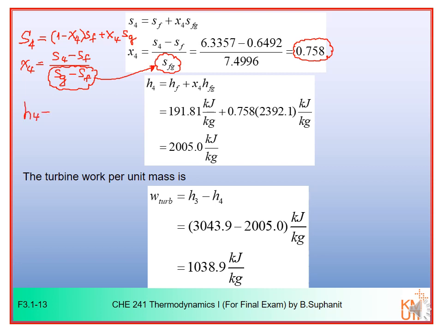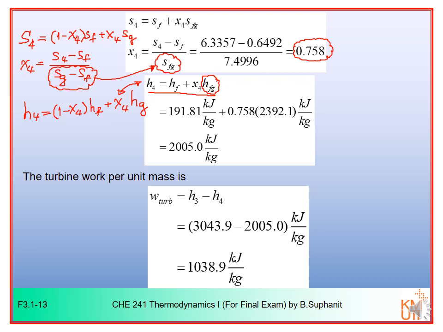Enthalpy of the mixture would be calculated from the weight average properties. H4 equal to 1 minus X4 multiplied by HF plus X4 multiplied by Hg. Or you can use this equation, H4 equal to HF plus X4 multiplied by the latent heat, HFG. They are both similar.